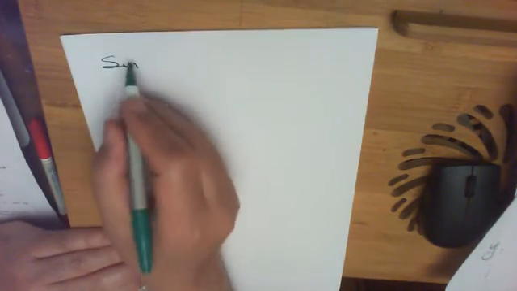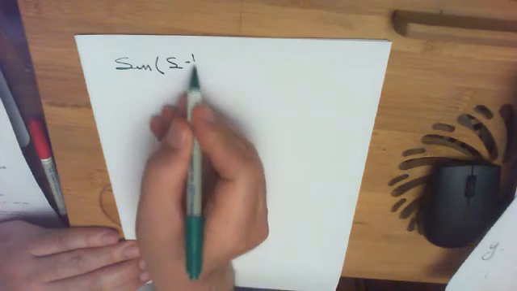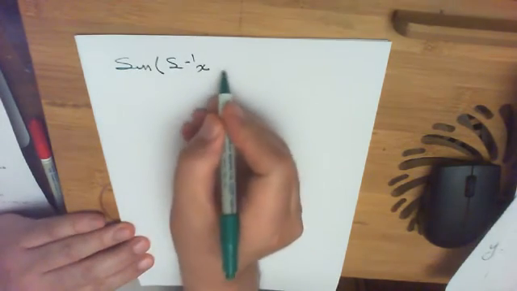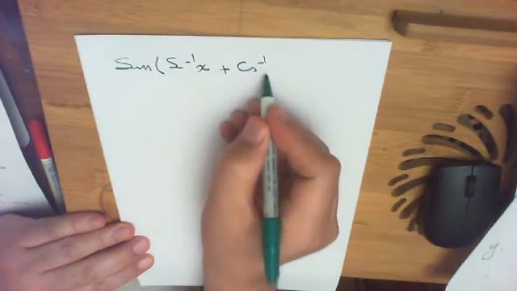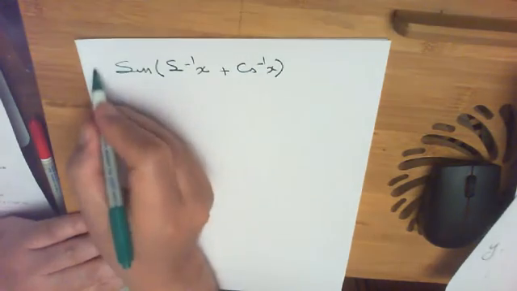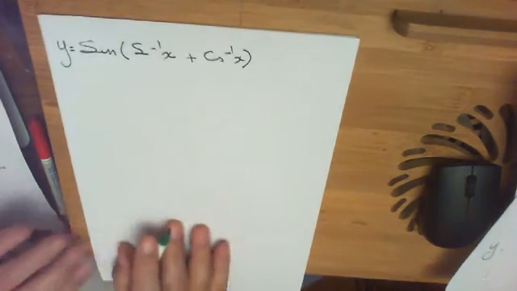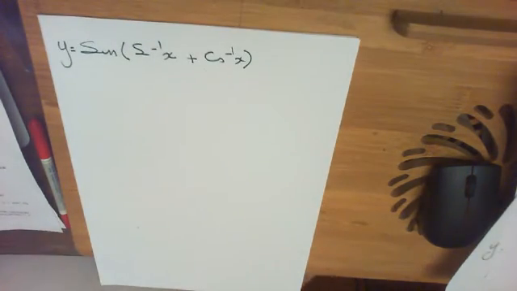Okay. Sine minus 1 x plus cosine minus 1 x. If you are brilliant, inshallah, you can solve it from the first glance.